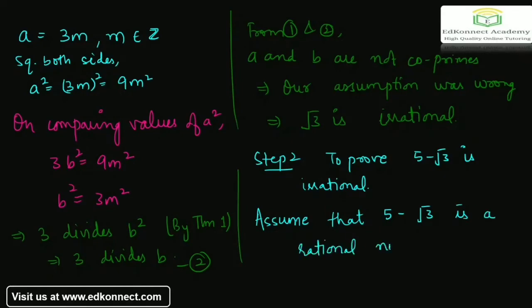So if it is a rational number, then we can write it in the form p by q, where q is not equal to 0, p and q are coprime integers. So 5 minus root 3 is equal to p by q.